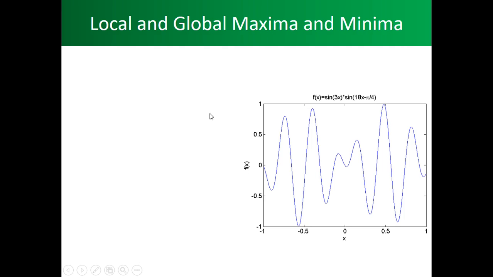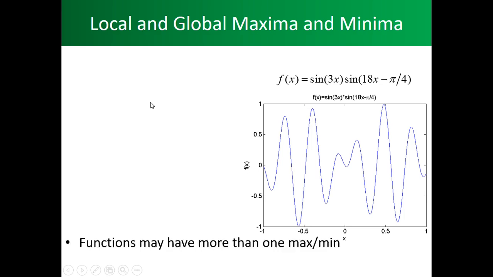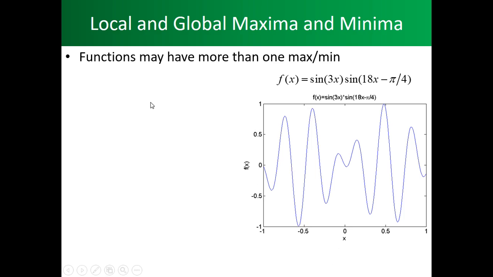Now, we do have some concerns: the local and the global maximums and minimums. As you can see with this graph, a function can have many maxima and minima. Some will be local, and we want the global, the overall maximum. Functions may have more than one minimum and maximum.